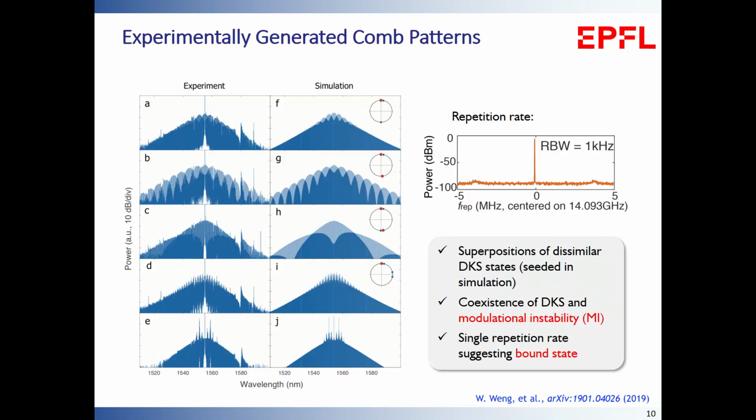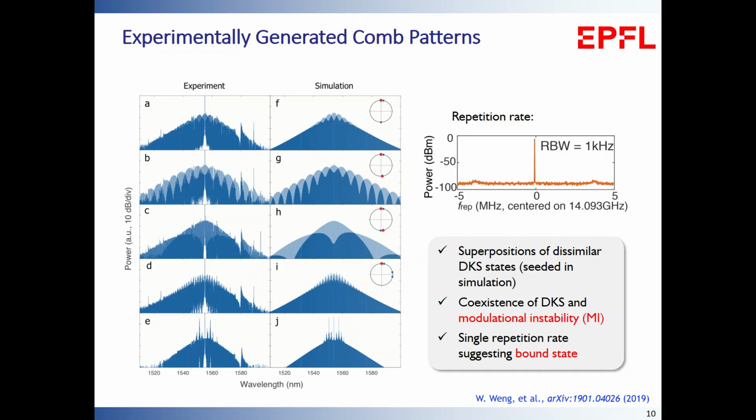Now we use such a simulation to simulate the different compositions of these molecules, and we compare to the experimental results. As you can see, the agreement is pretty fascinating, and all the time we only observe one repetition rate, which means that they do form a bounded state, because these two lasers are pumping the same resonance.